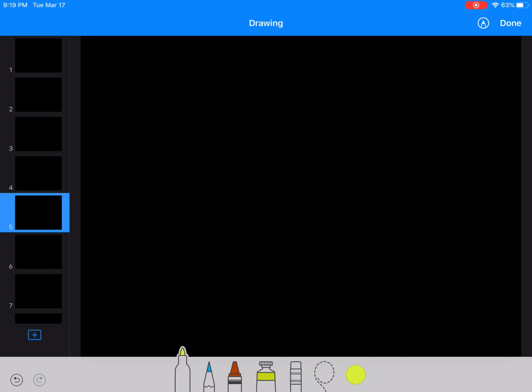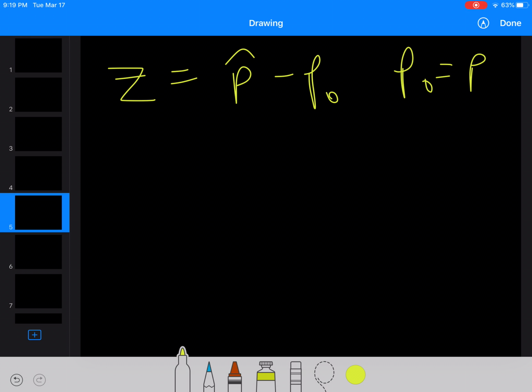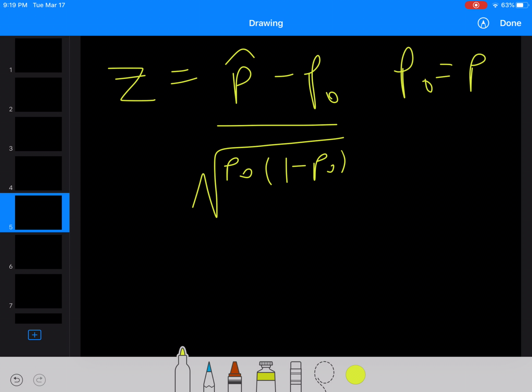So remember, the formula we're going to use for our z-score is z equals p hat minus p naught. Remember, p naught is the same thing as p of the null hypothesis, over the square root of p naught times 1 minus p naught over n.